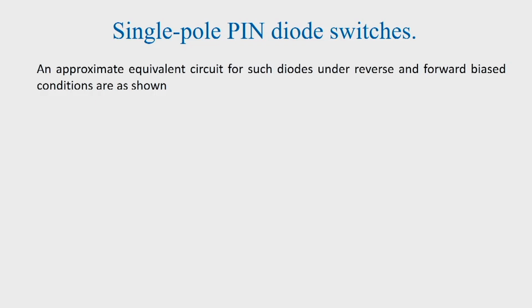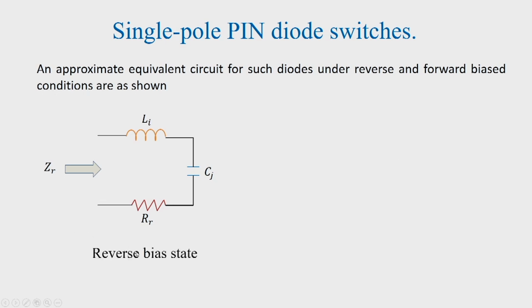We represent an approximate equivalent circuit for such diode under reverse and forward biased condition as shown in the figures. So, this is the diode simplified equivalent circuit.